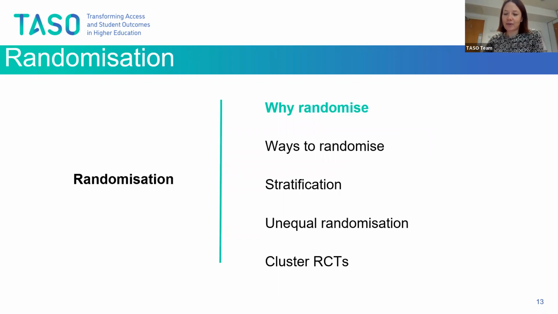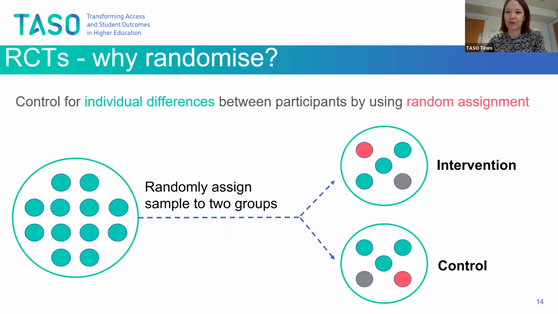So let's think through a couple of different explanations behind why we randomize and why randomization is useful. So the first is because randomization allows us to control for individual differences.